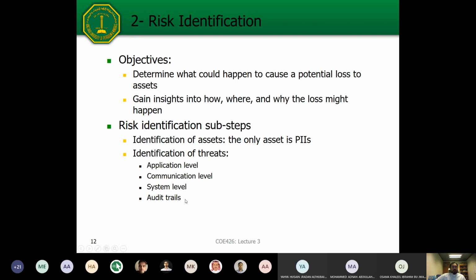Sometimes it's from the audit trails. If you keep a backup copy for every transaction in your organization, and you store it in a place that is not really secure and private, that's a problem. Even the logs, although they are not under operation, are still a threat to privacy.